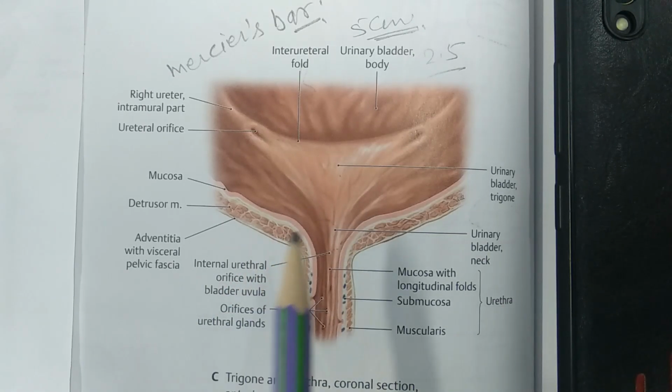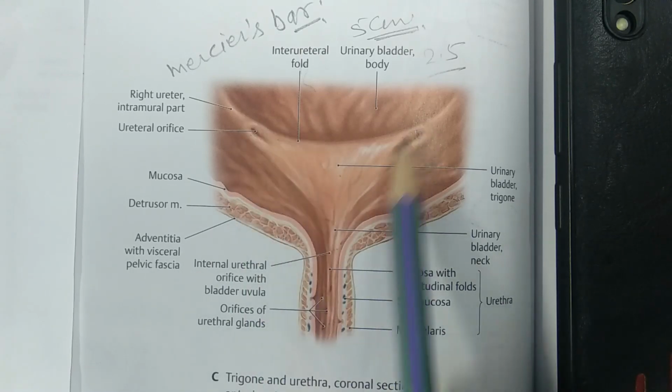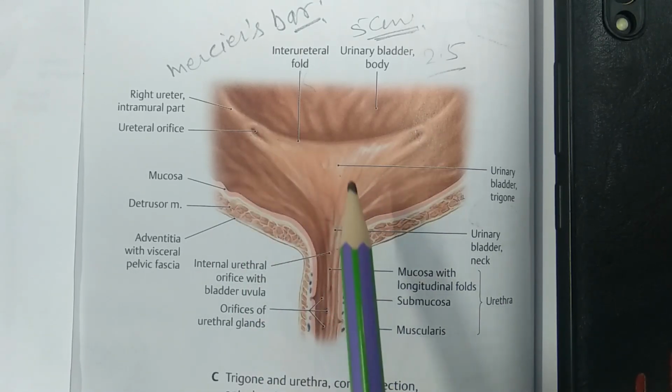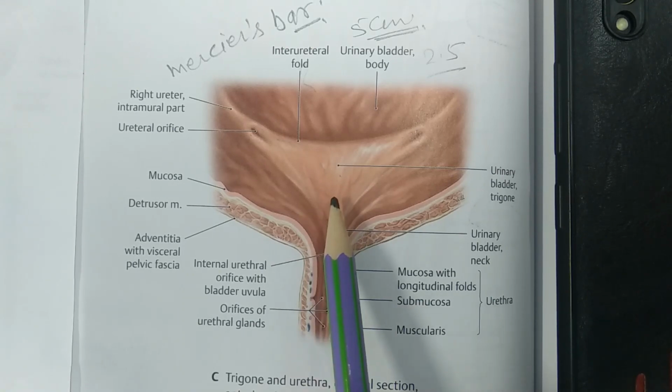Now let's talk about the importance of this trigone, why we are studying this area in detail. Because it is the most fixed and dependent part of the bladder, and it is richly supplied by blood vessels and nerves.